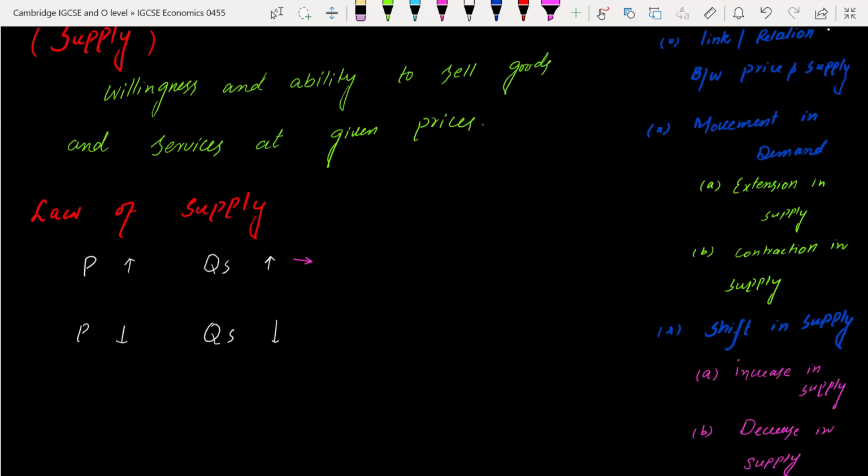In the first case our supply is increasing, so we say extension in supply because it's extending, and in the second situation it's a contraction in supply.